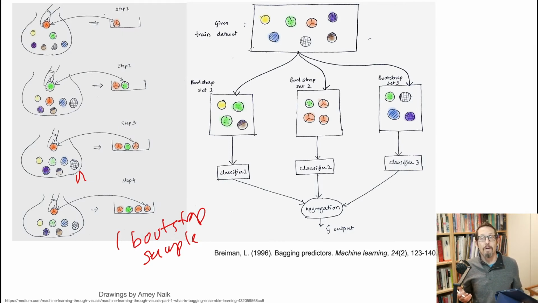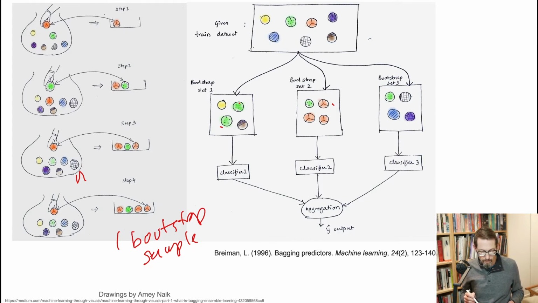All right, so if we do that sampling with replacement, we're sampling the same number of things that are in the bag, but as we just looked at, you're not going to get all of the elements, right? You're going to find that in one of the Bootstrap samples, you have 2 greens, okay, and no blues. In another one, we have 3 reds and 1 green, and so on and so forth.